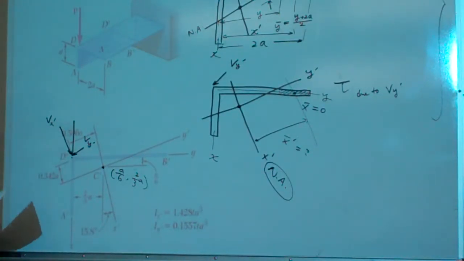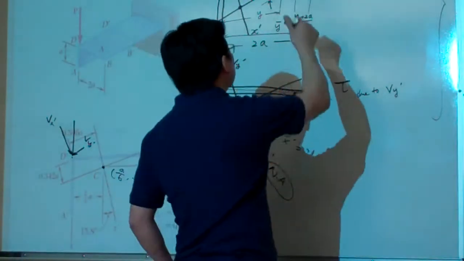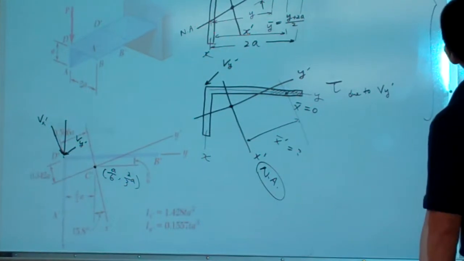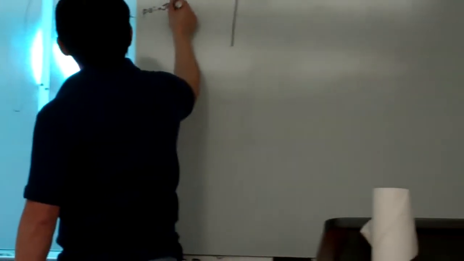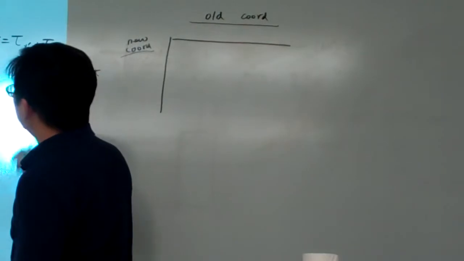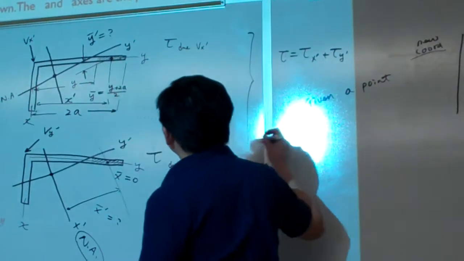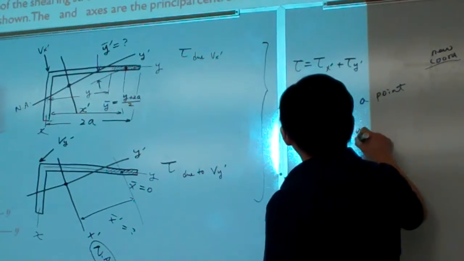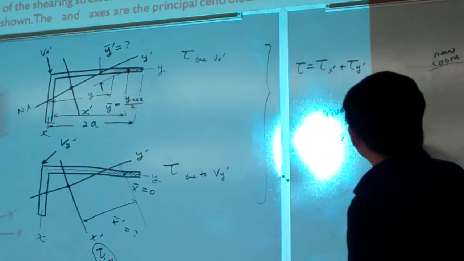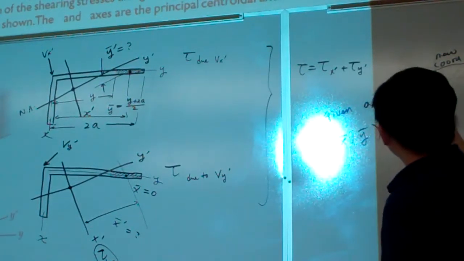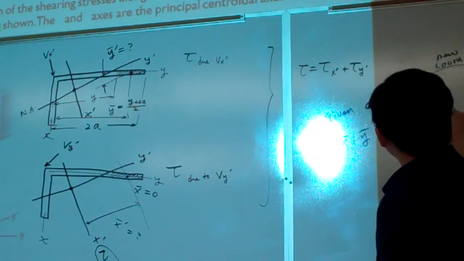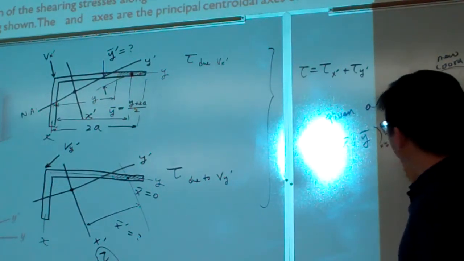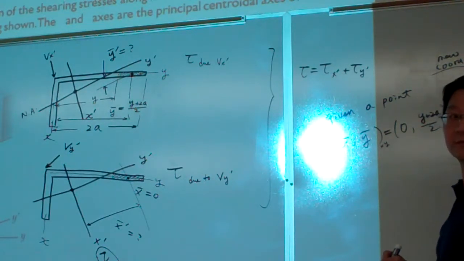So for any point, for example, right now we are given a point which has a coordinate. For example, here we are given is this point. We have the coordinate is the x bar, y bar, and that one basically is equal to 0. From our calculation is y plus 2a divided by 2, right? This one is expressed in our original xy coordinate system, right?